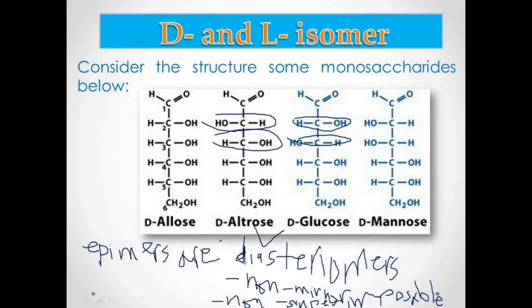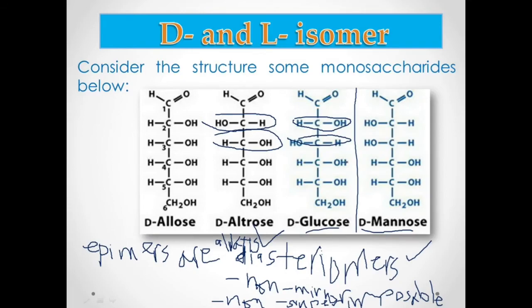That is correct, because both the glucose and the mannose are non-mirror images, since carbon 4 and carbon 5 are the same. And therefore, if you put the glucose over the mannose, they are non-superimposable. Therefore, they are also diastereomers.